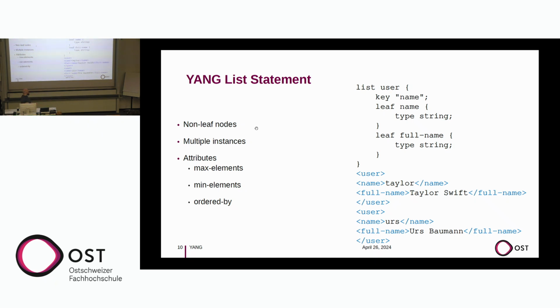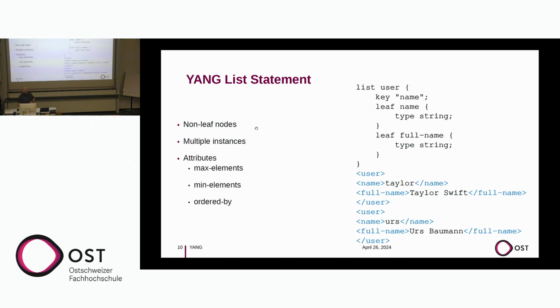So in our case here, we have a list of users. They have a name and a full name. There are two famous people here. One is rich, the other one is not rich. It's just kind of a container, but it's a list element now. Max-elements, min-elements, ordered-by are kind of the important properties we could also set.